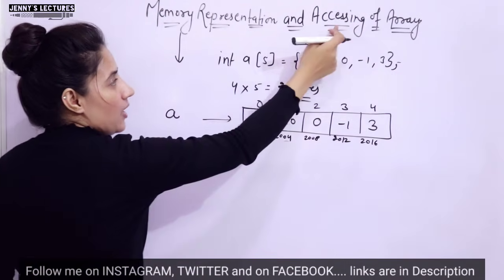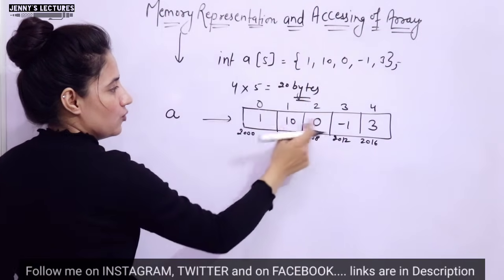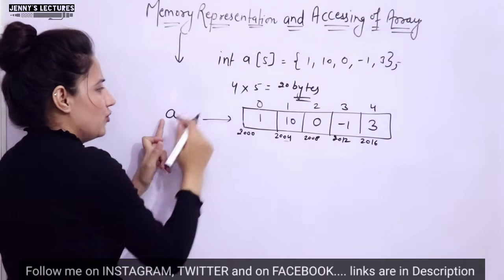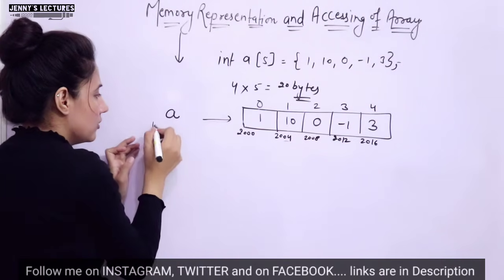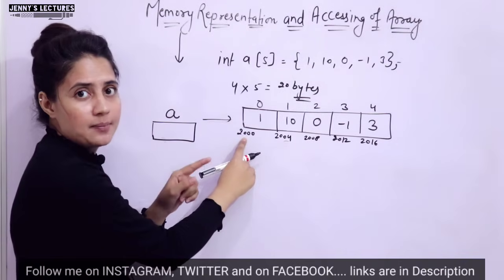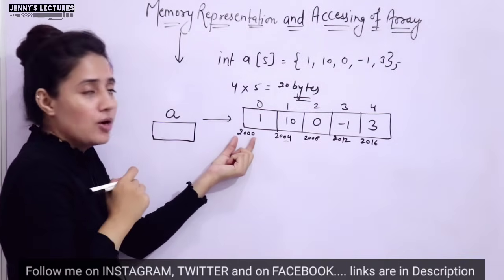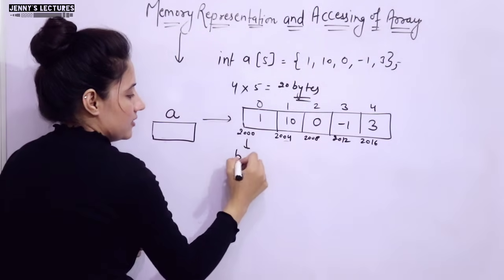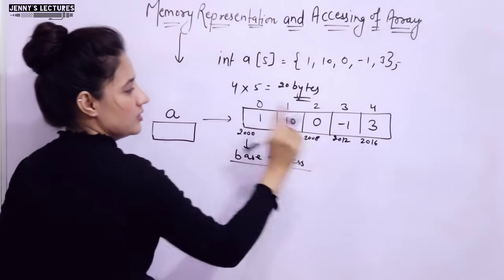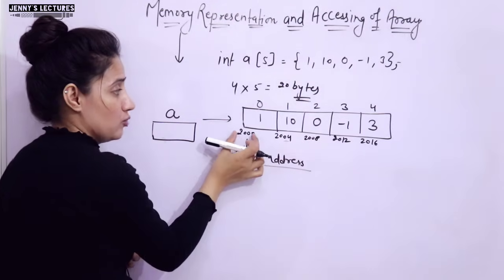Now second, we will see how to access the elements of these arrays. Before that, I just want to tell you one thing. The name of the array is going to store what? The address of the first element. This 2000 is known as the base address of this array, meaning the address of the first element.